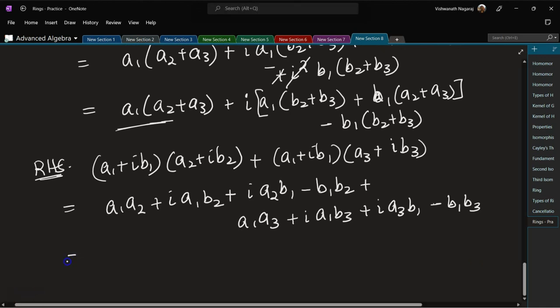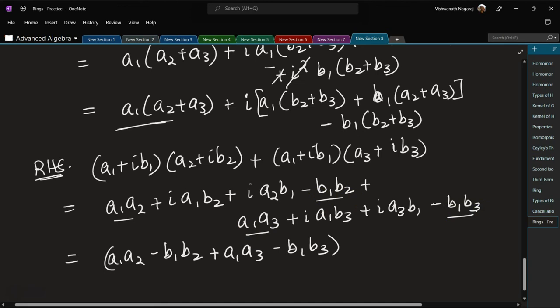Now this would be equal to a1 a2 minus b1 b2 plus a1 a3 minus b1 b3. This and this. Then plus i times a1 b2 plus a2 b1 plus a1 b3 plus a3 b1.